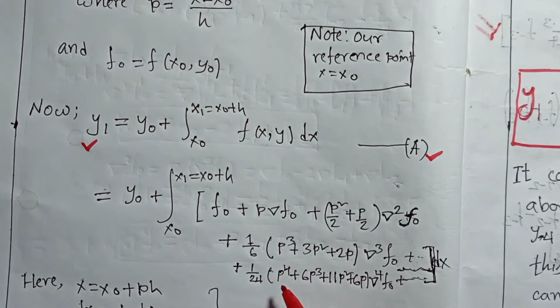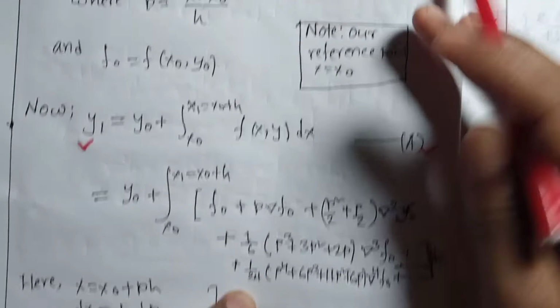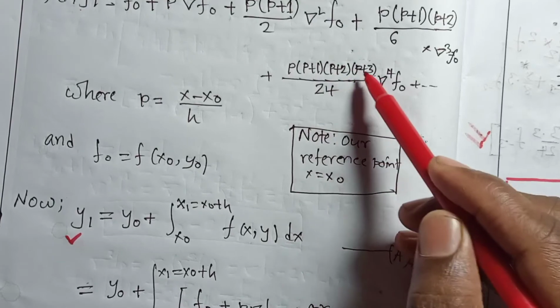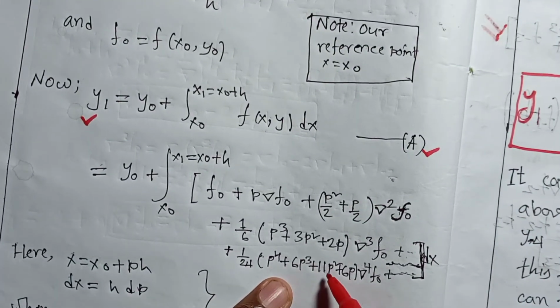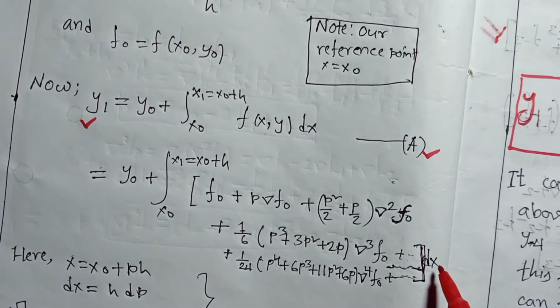Another term is 1/24 times p(p+1)(p+2)(p+3), which is nothing but p to the power 4 plus 6p cubed plus 11p squared plus 6p, times nabla power 4 f0 plus and so on, dx.